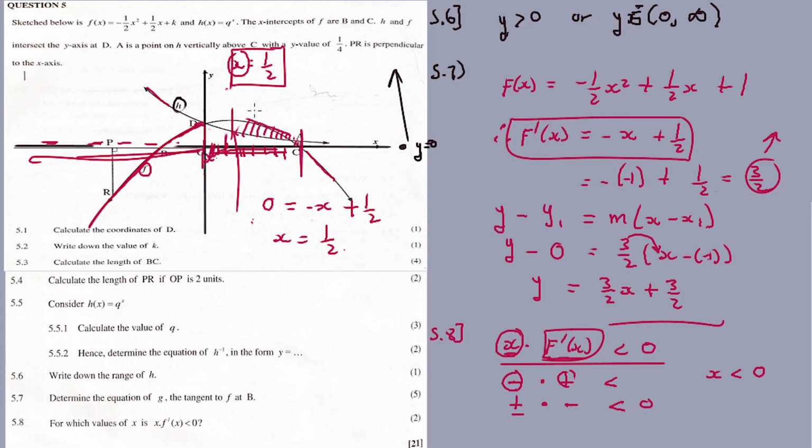This is the turning point. After the turning point, whenever x is greater than 1 over 2, the gradient is negative. Then the x values are positive, the gradient negative, negative, negative, positive, positive. So therefore it means that whenever x is less than 0 or x is greater than 1 over 2, this is true.